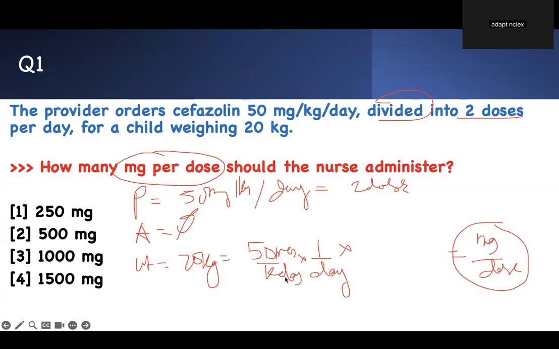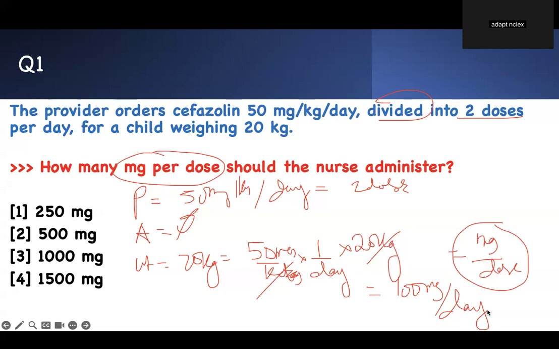Therefore, in order to get rid of the kilos, you put 20 kilos right here. What is the key? These cancel, and you have 50 times 20, which is 1,000 milligram per day. But the question says per dose.